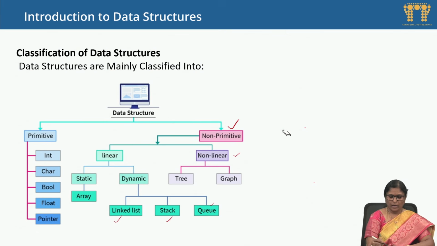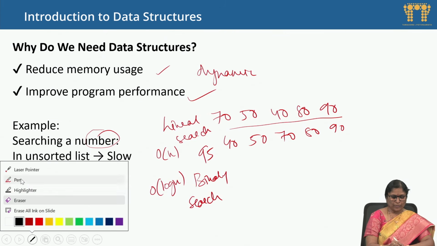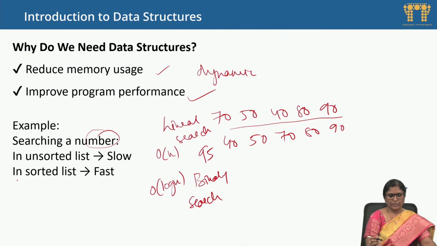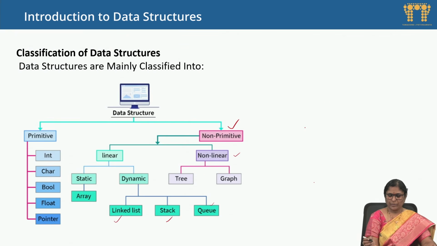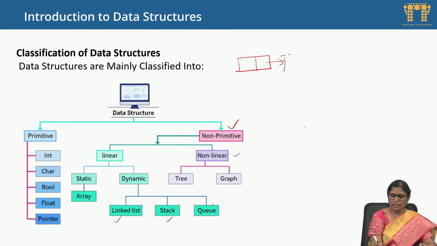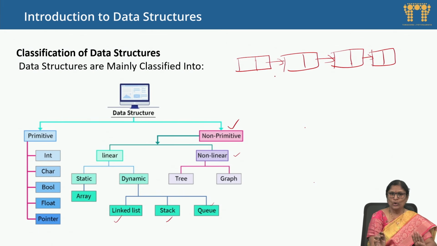The linked list will be represented like this. Okay. So, what is a linked list? It is a sequence of nodes, where each node contains two parts.